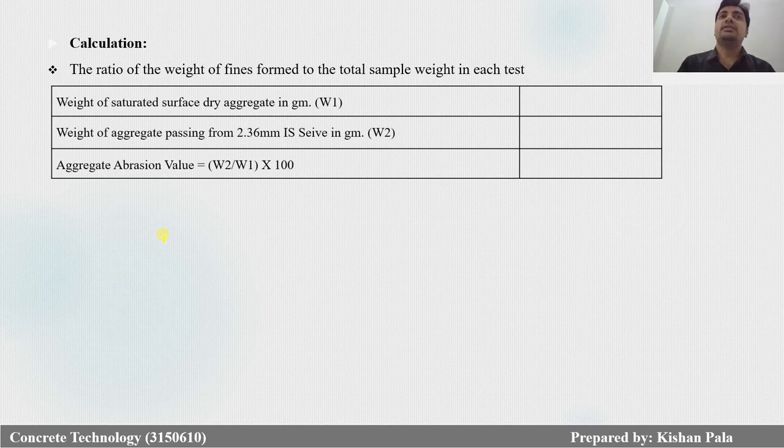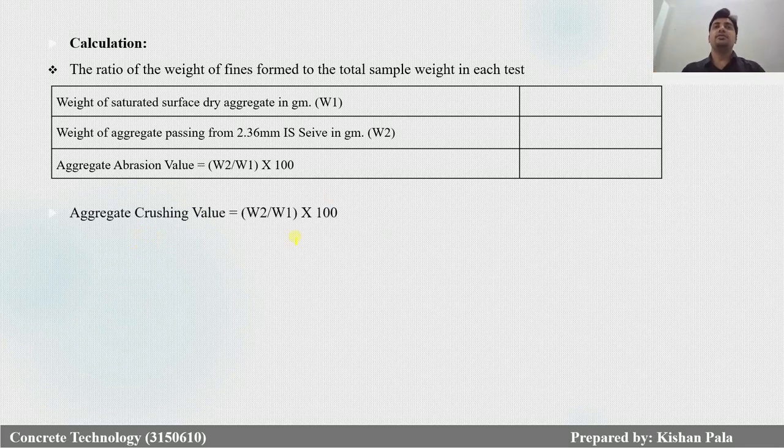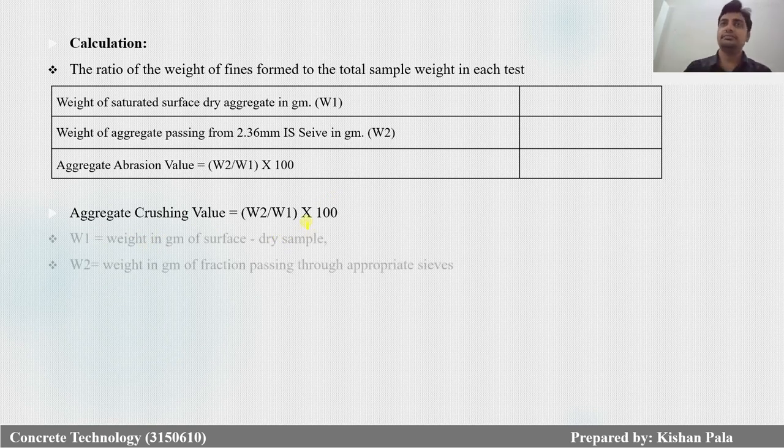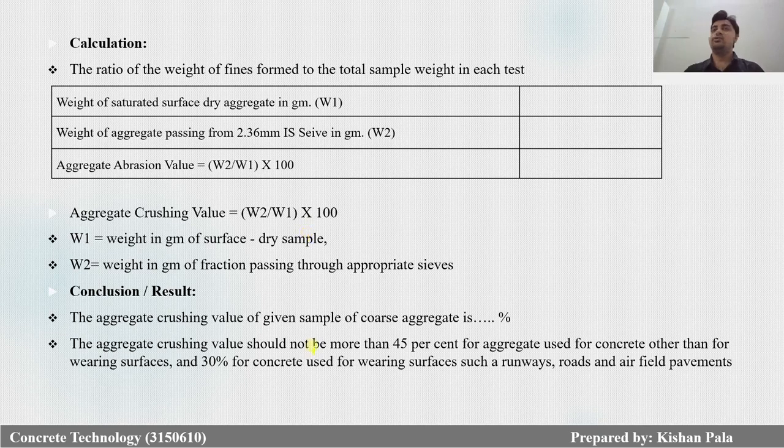You can calculate by W2 divided by W1 into 100. W1 means the weight of the saturated surface dry aggregate. W2 is the weight of aggregate passing the 2.36 mm IS sieve, and you can calculate by W2 divided by W1 into 100. Now you have the result in percentage.